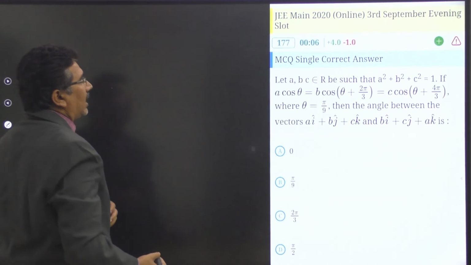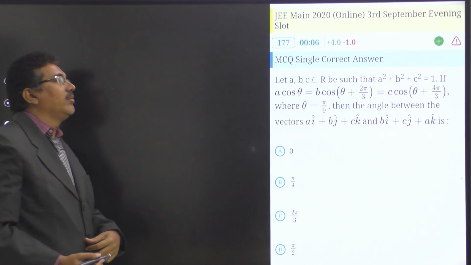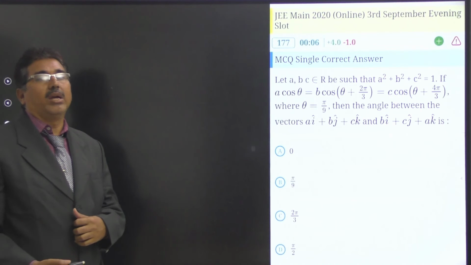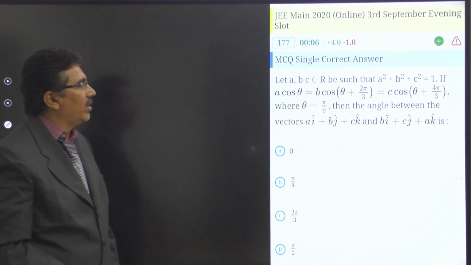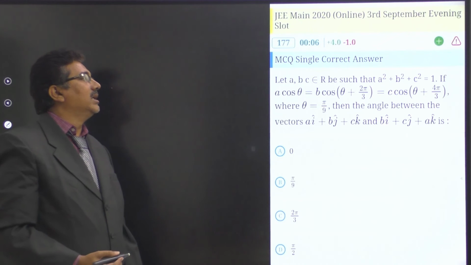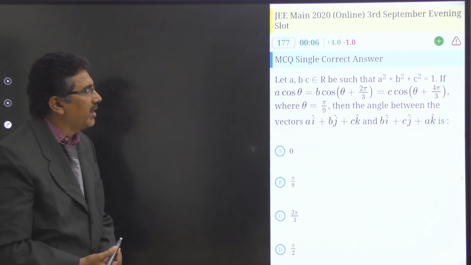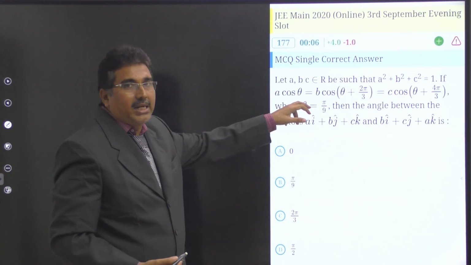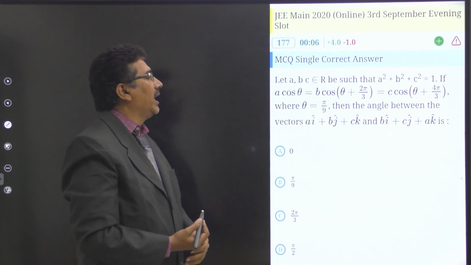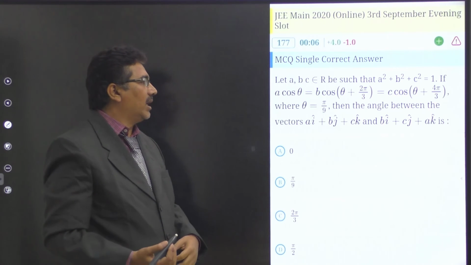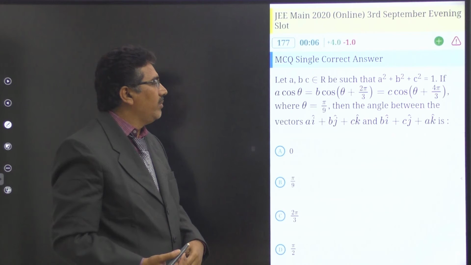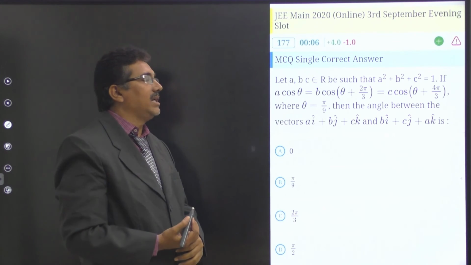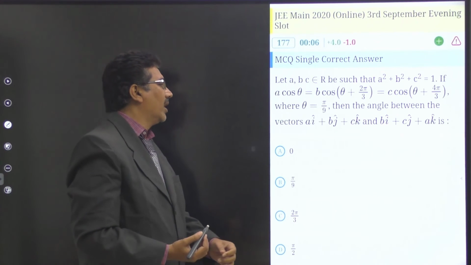Now let us see another one. Let a, b, c be 3 real numbers satisfying a square plus b square plus c square is equal to 1, and also a, b, c satisfy another condition in terms of theta, where theta is equal to pi by 9. Then the angle between the vectors a i plus b j plus c k and b i plus c j plus a k.